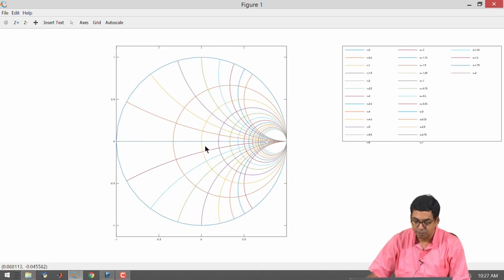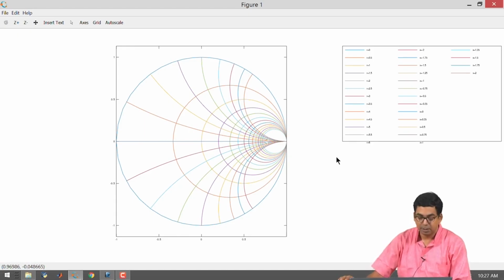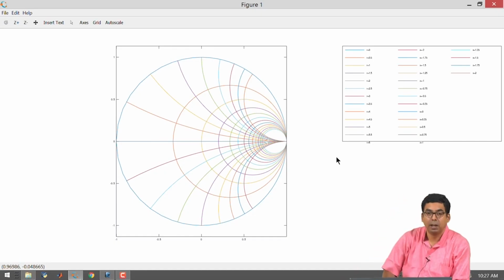So x equal to -2 is coming here, and x equal to +2 is going to the top. So it tells you that x equal to +2 is creating something here, x equal to -2 is creating something here, and this representation is simply known as a Smith chart.